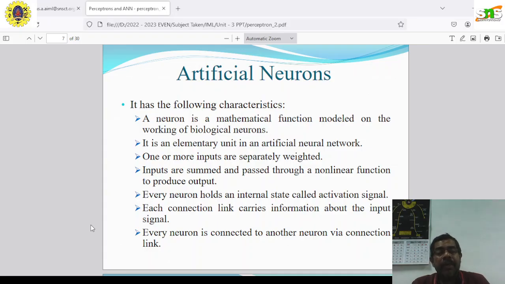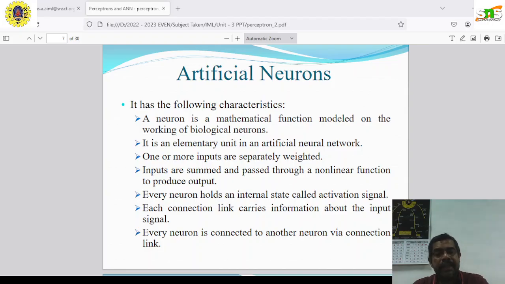Every neuron is connected to other neurons via connections called links. Just as the dendrites work in live neurons, in the same way in artificial neurons we have to establish the connection between the varieties of neuron cells.